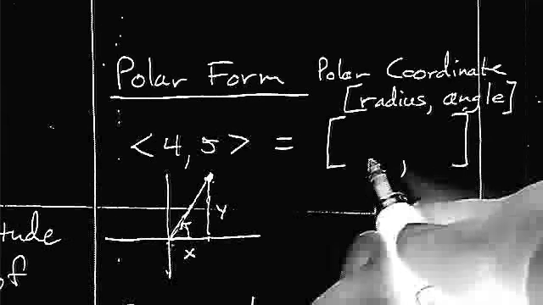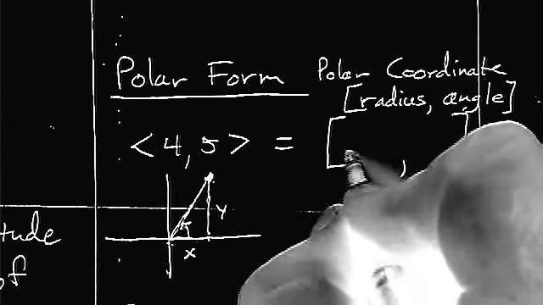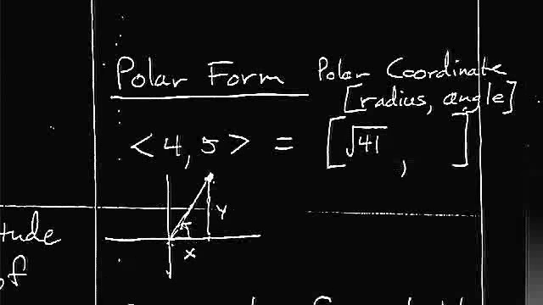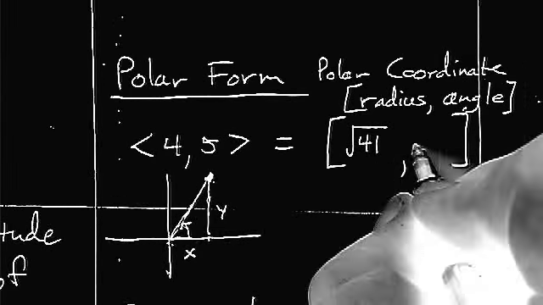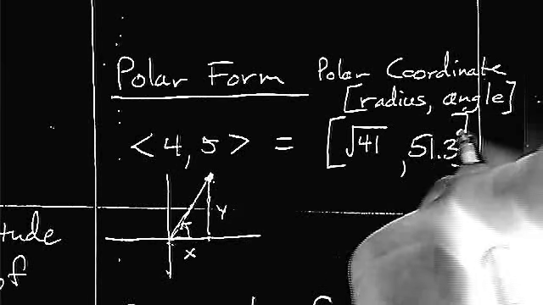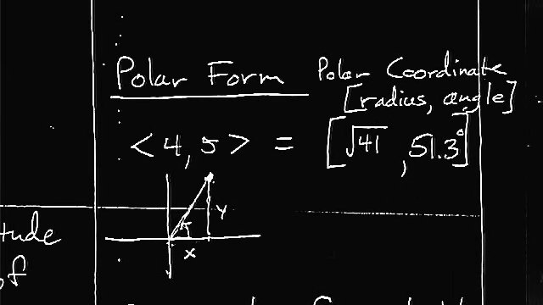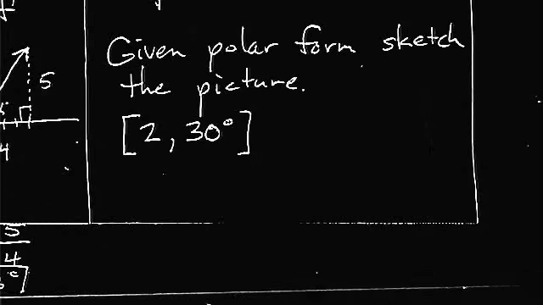Now, we already know the radius and the angle because we just did this example. We found that the radius was the square root of 41 and that the angle was 51.3 degrees. So you do know how to find what we call the polar coordinate. It's just the radius and the angle, which we know as magnitude and direction. Now, given the polar form, sketch the picture.